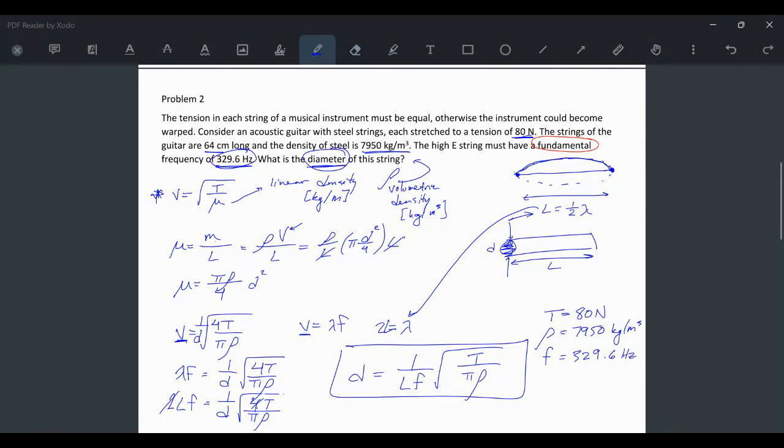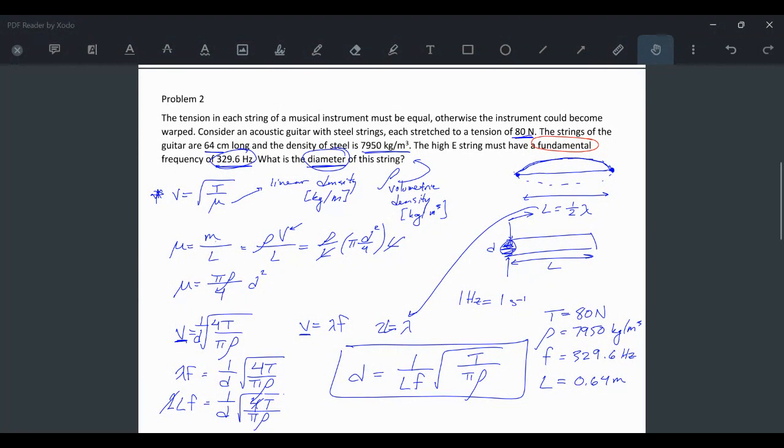Hertz is per second, so that's nothing strange. It's just like a second in a denominator. It's like meters per second without the meters. I'll even convert the length into meters for you to make the calculations easier. Everything here is in SI units, so you just plug it in and don't convert anything. I will leave this for you to calculate.